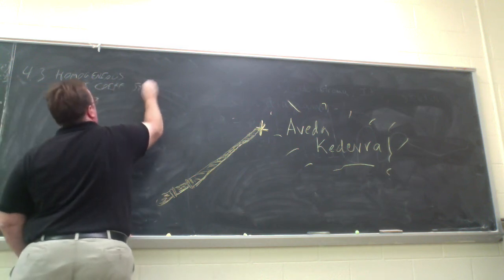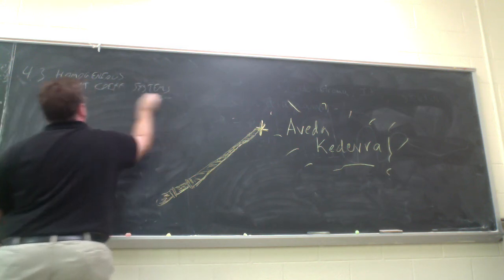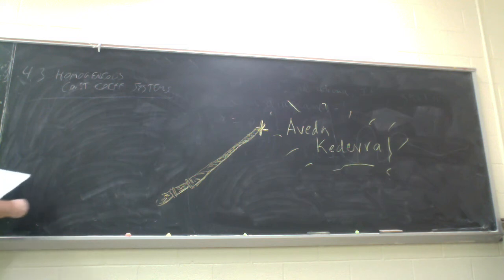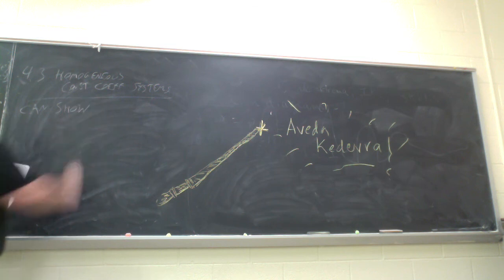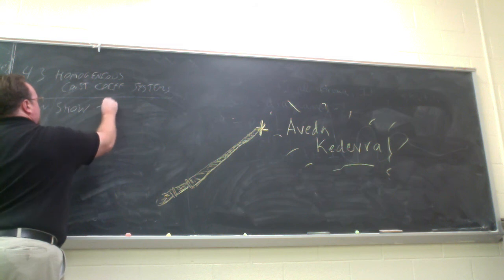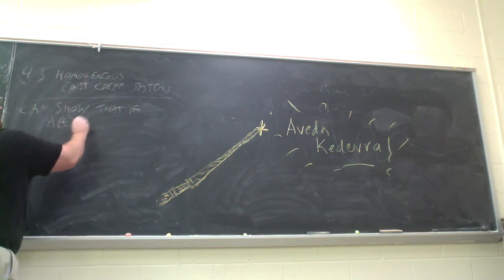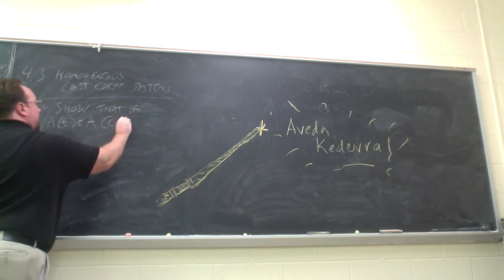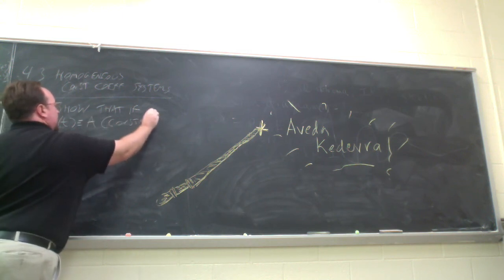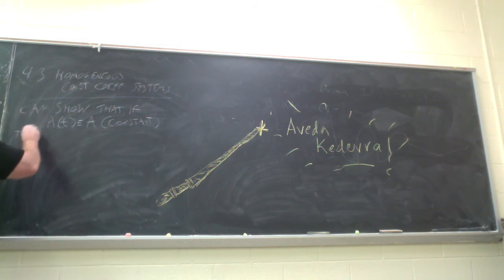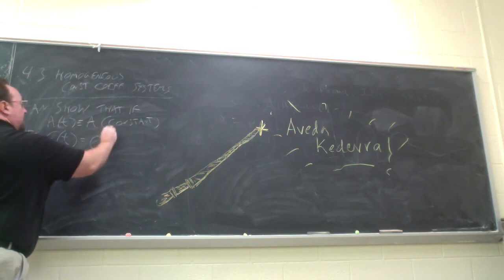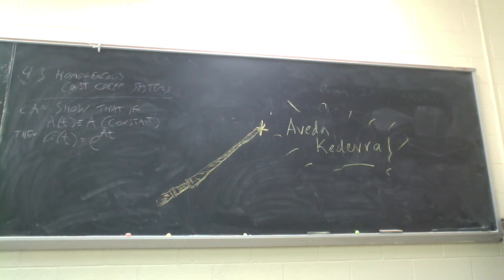Alright, so homogeneous constant coefficient systems. Okay, so what happens here is it's actually not all that interesting to try to show that if A of t is just a constant matrix, then your fundamental matrix is nothing more than the matrix exponential.